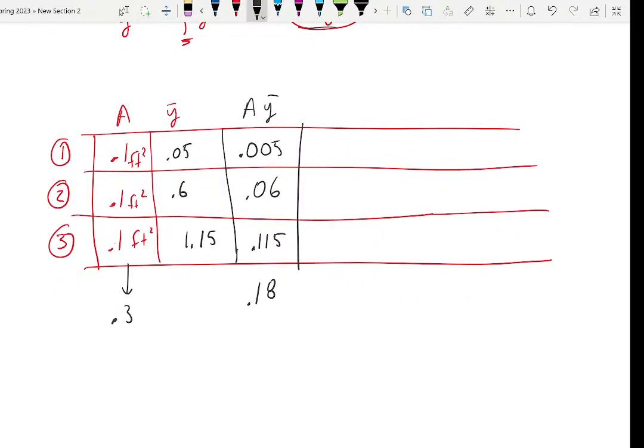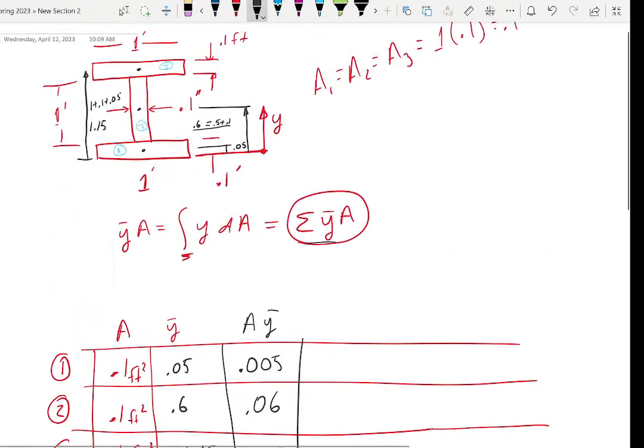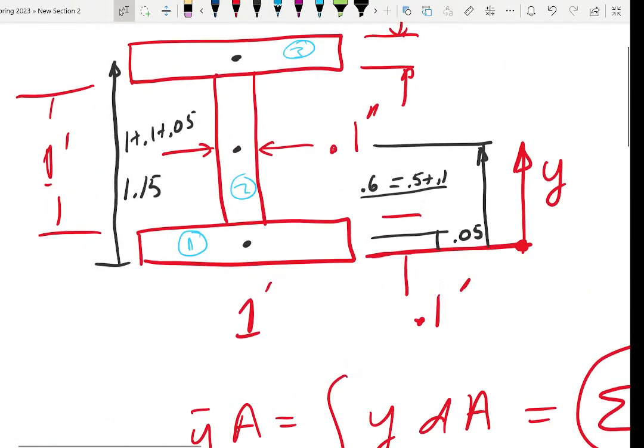So now, if I want to know y bar of the composite, it's going to be the sum of A y bar over the whole area, or 0.18 divided by 0.3, or 0.6. Does that seem right? Well, actually, if you stack an I-beam and it's symmetrical about this spot, its centroid will be located right here.